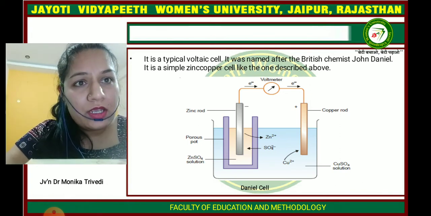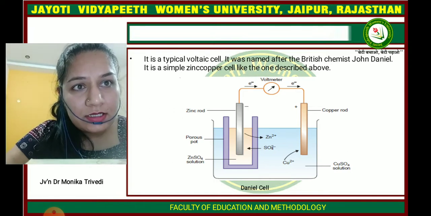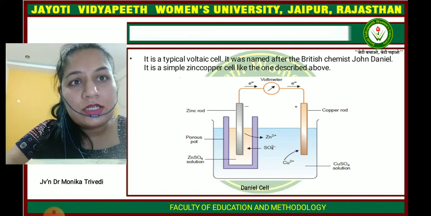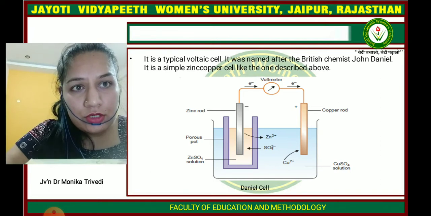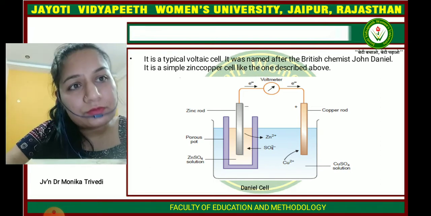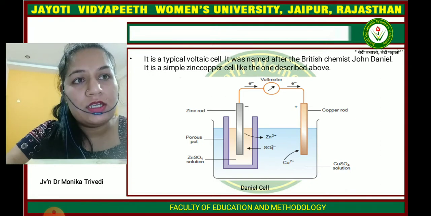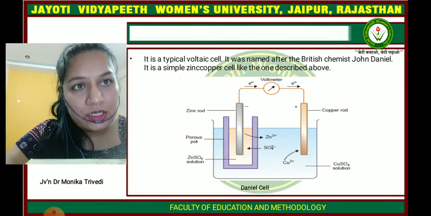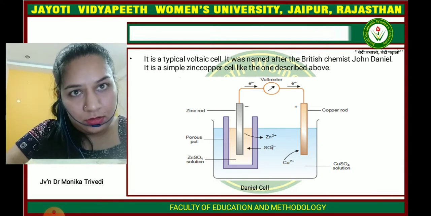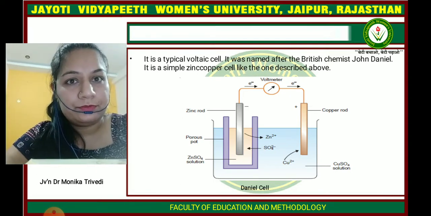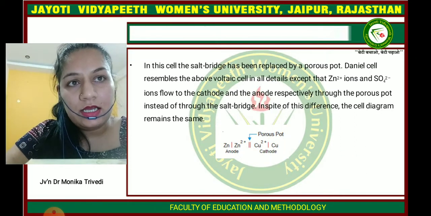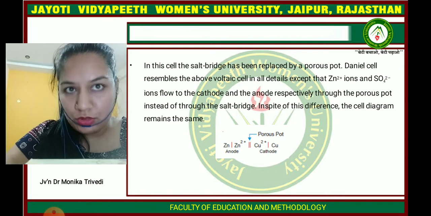Here you can see the zinc sulfate solution with the zinc rod immersed in it, and a porous pot placed in a copper sulfate solution, where the copper rod is also present. These two rods are connected by a copper wire, and the circuit is completed. In this cell, the salt bridge is replaced by the porous pot.